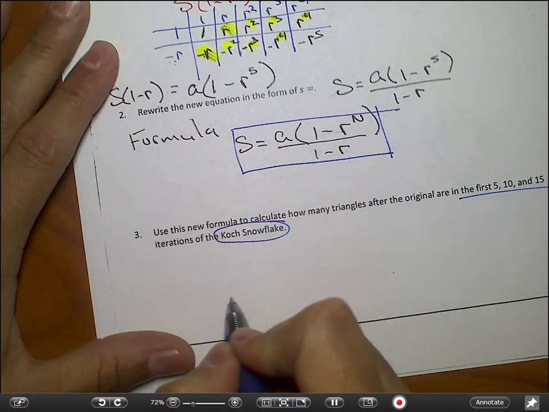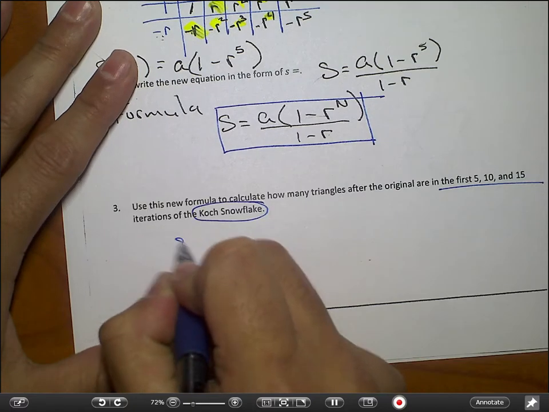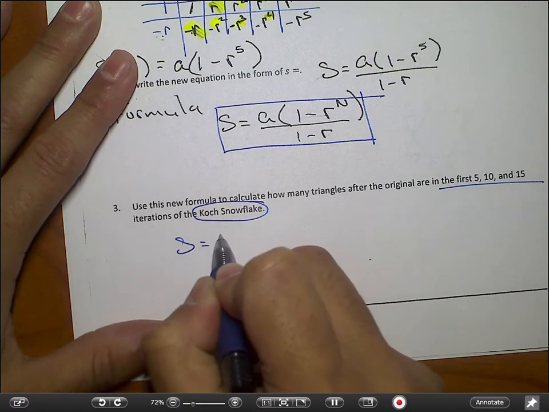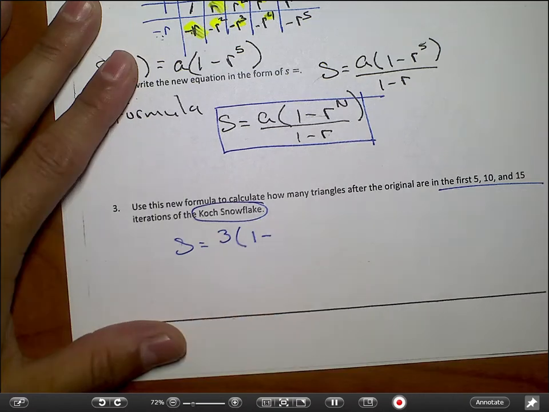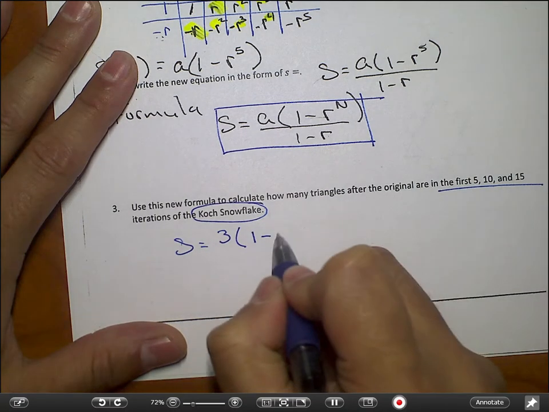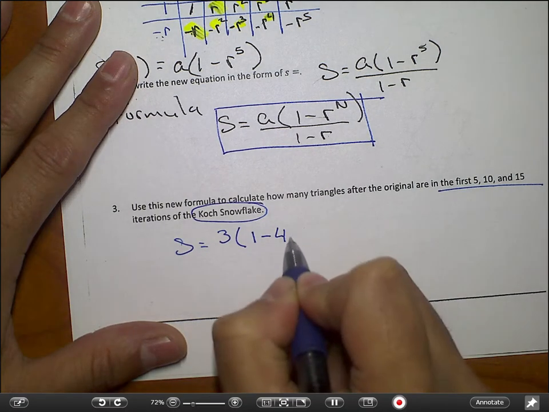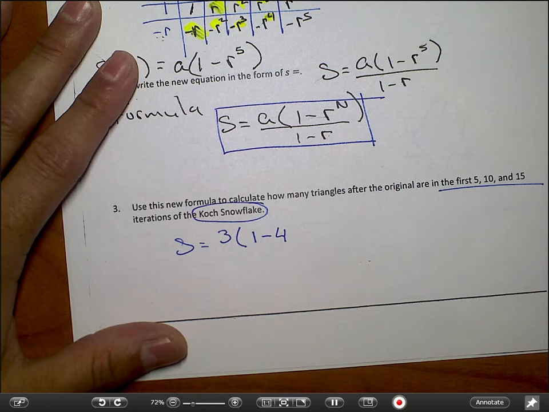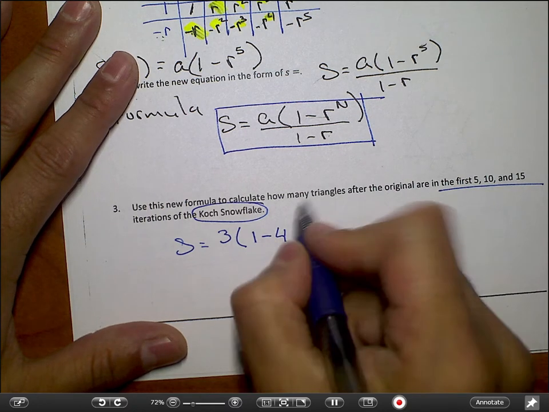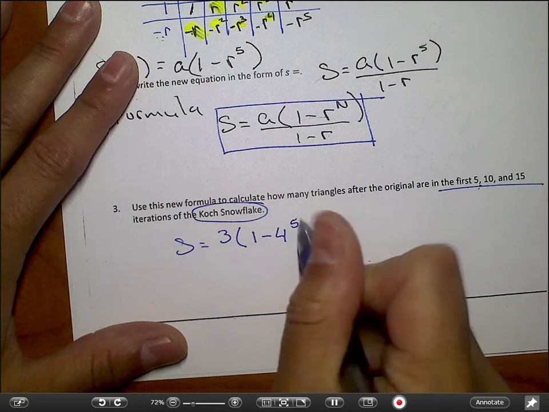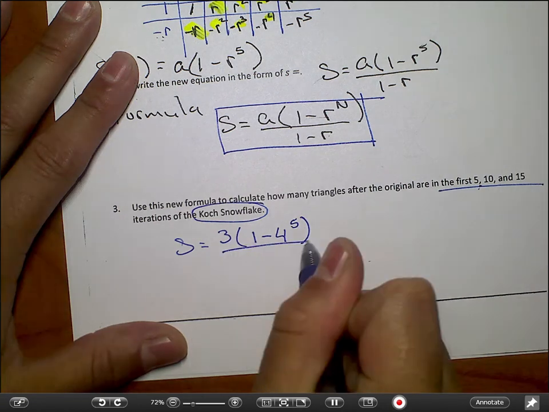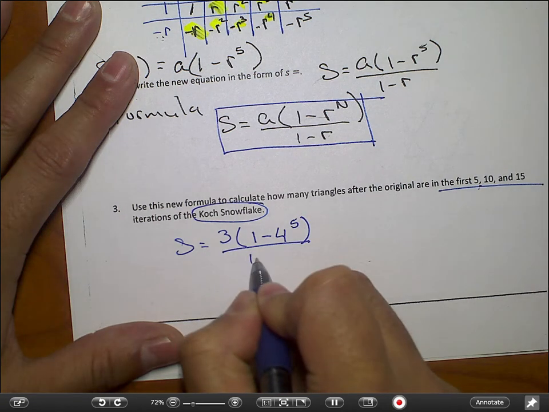So it's going to be S is equal to 3, parentheses, 1 minus 4, because that's my R value, right? And what power am I using? 5. I'm using 5 because that's going to be my first one right here, close, divided by 1 minus 4.